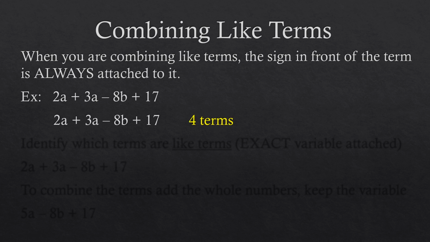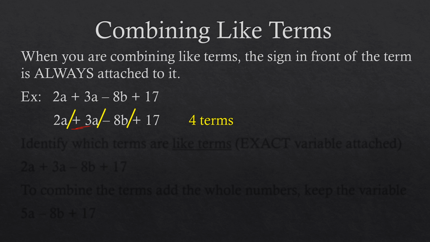Okay, so here's that same example that we were working with on that previous slide. And I can see that there's a total of 4 terms here, right? I have 1, 2, 3, 4 total terms. So there's 4 of them. What I like to do when I'm solving these is I like to put a little slash to the left of my plus or minus sign, because that reminds me that that plus sign in front of the 3 here is attached to it.